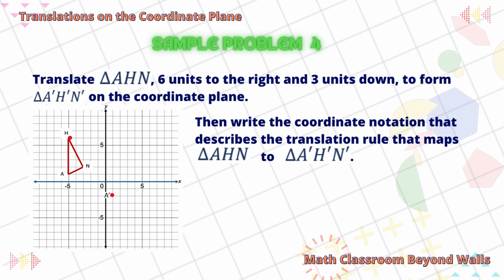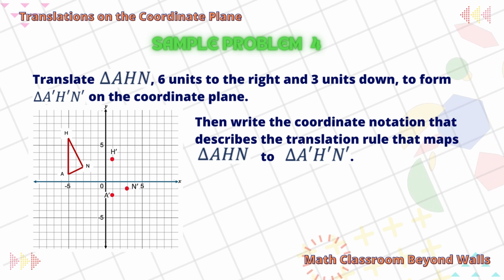From H, we count 6 units to the right, then count 3 units down. This is where point H prime is now. From N, we count 6 units to the right, then count 3 units down. This is where point N prime is now located.